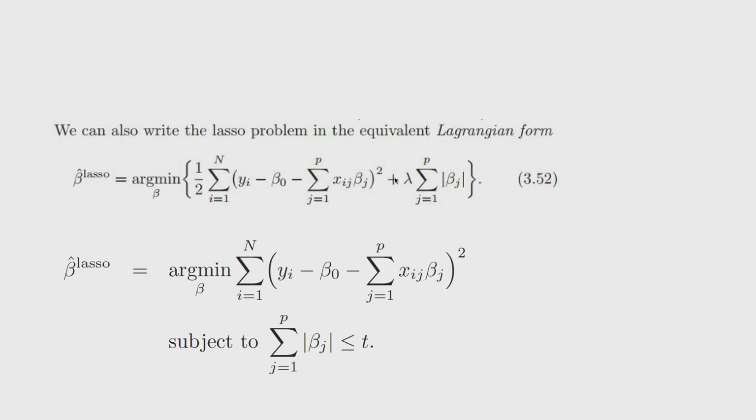One side note here, this is basically a Lagrangian way of writing this lasso formulation. Namely, we want to minimize our loss.